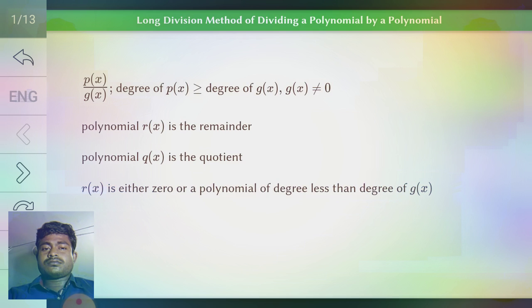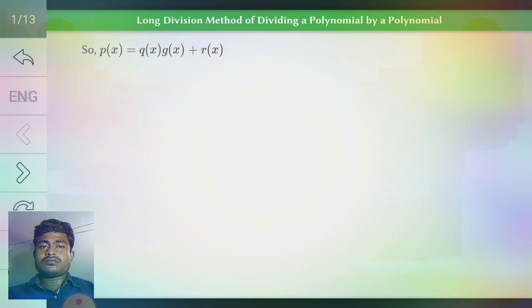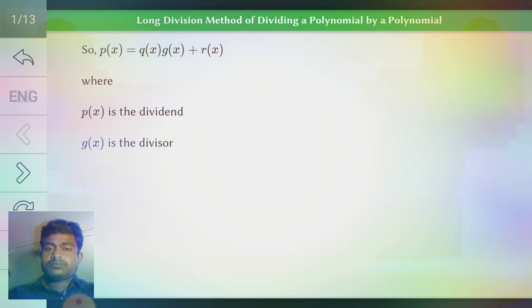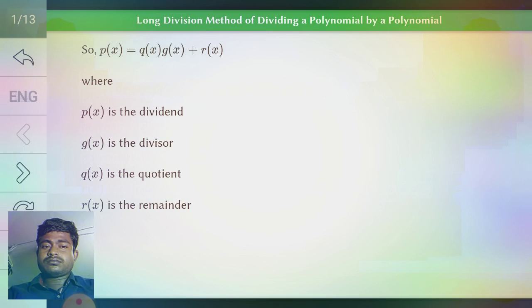Here, r(x) is either 0 or a polynomial of degree less than the degree of g(x). So, p(x) = q(x)g(x) + r(x), where p(x) is the dividend, g(x) is the divisor, q(x) is the quotient, and r(x) is the remainder.